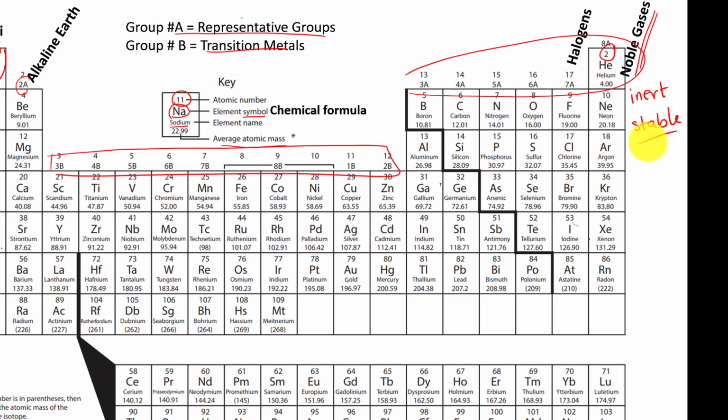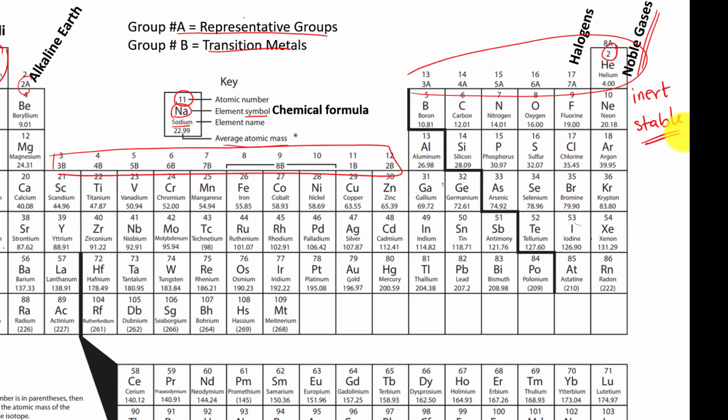And we will talk more about this later. But this is the structure in terms of groups for all the elements on the periodic table. The one main thing you need to remember is that all the elements in a group share very similar chemical properties.